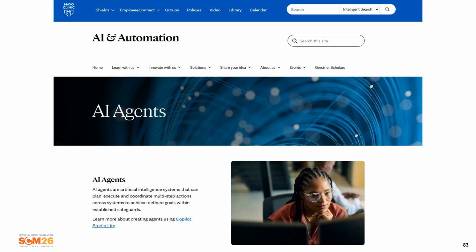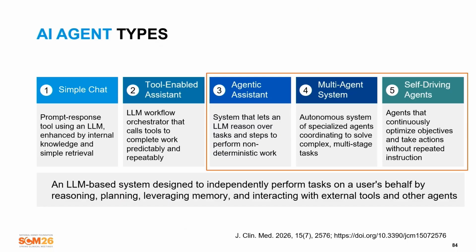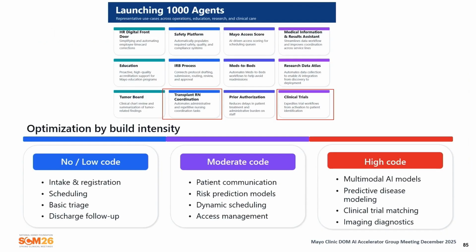And with that, there are new agents that we are starting to coordinate and integrate in our kidney care. For example, kidney transplant coordinators are so busy, and we appreciate our transplant coordinators so much, responding to the messages and coordinating the care.